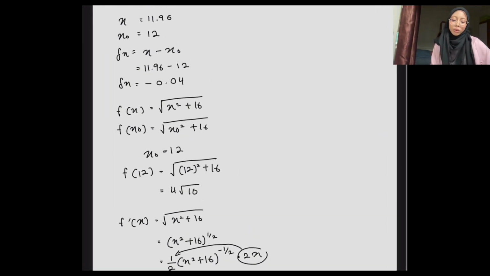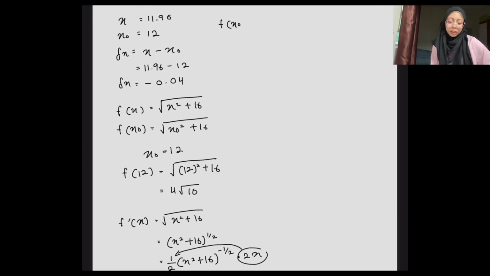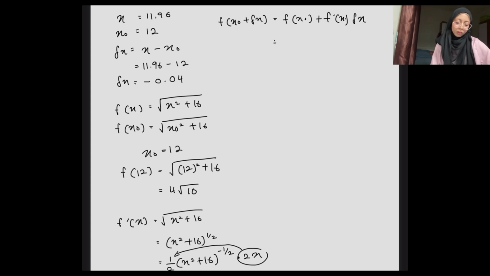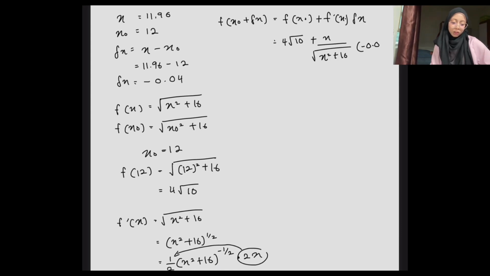And the last step, we need to use f(x naught + delta x) ≈ f(x naught) + f'(x naught) delta x. And replace it with the values that we got: 4 root 10 plus x over the square root of x² + 16, multiplied with negative 0.04, and replace the x with the value that we got, which is 11.96.